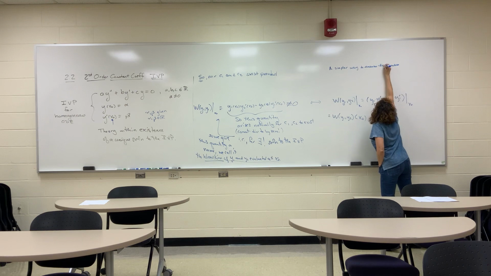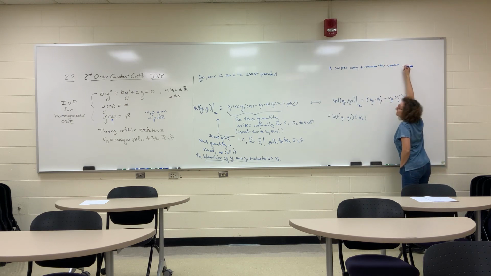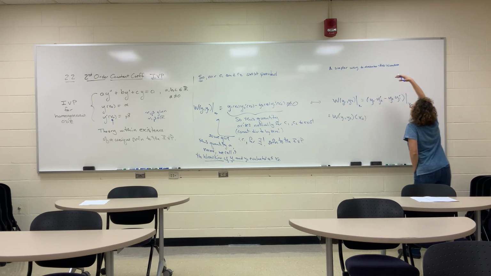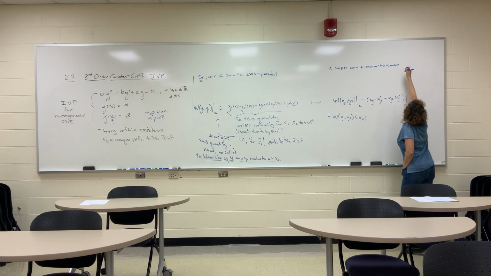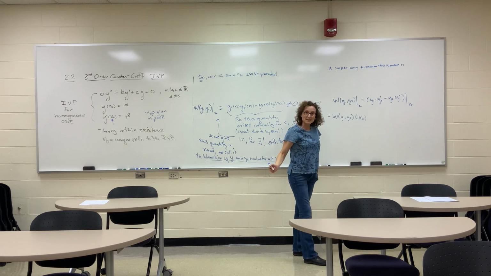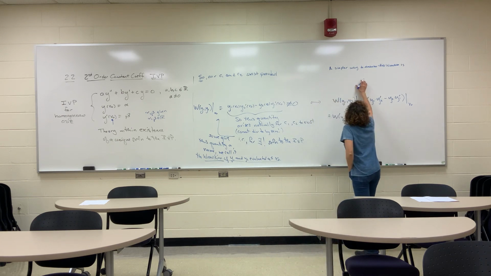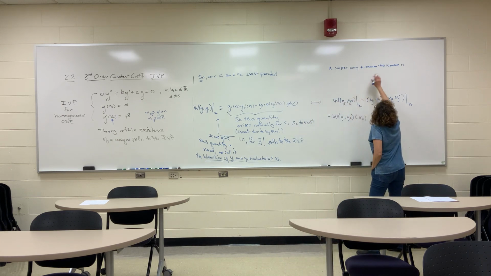A simpler way to remember this Wronskian, and that little change in wording is going to matter later, is by using matrices and the determinant of a matrix. Now, if you don't know what that is right now, don't worry about it. We're going to talk about it later. But for now, all you need to know is this.